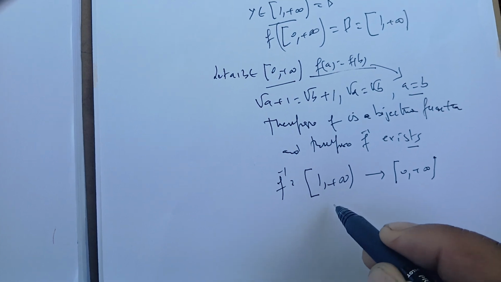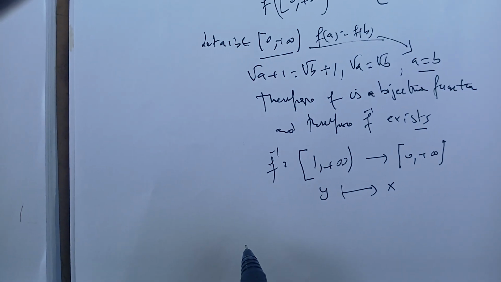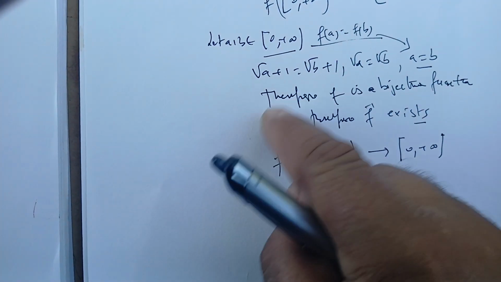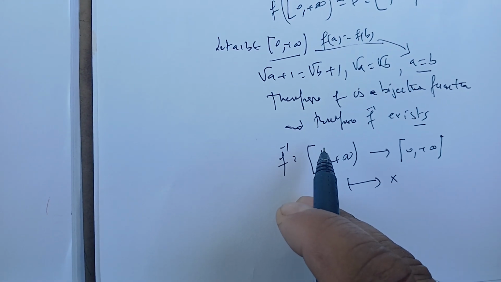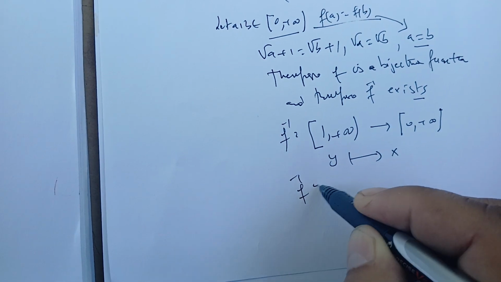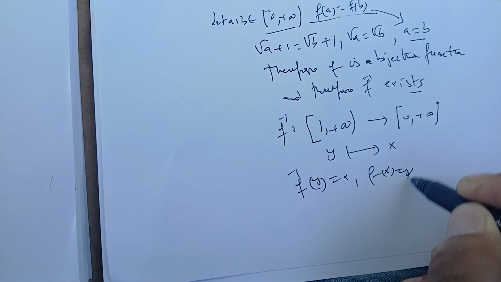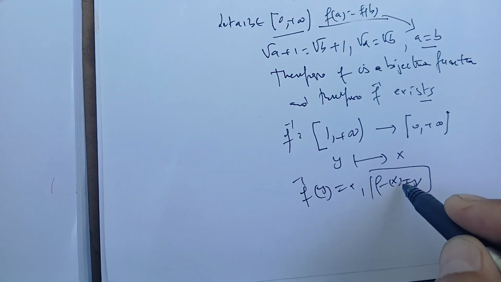For some y, it's going to give us x. But let's do the traditional way. So in our case here, we have f inverse of y is x. That means f of x is just y. So we can solve here.